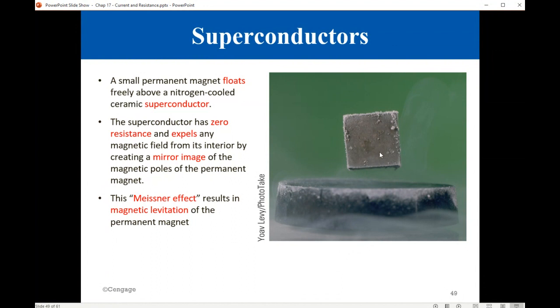Here, because the superconductor has zero resistance, it expels all magnetic field lines from the inside and creates a mirror image for the permanent magnet. Then the image magnet will repel this magnet, and because of the repulsive forces, it floats without touching the magnet.